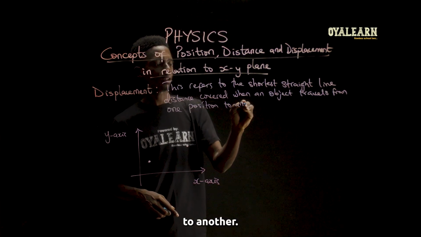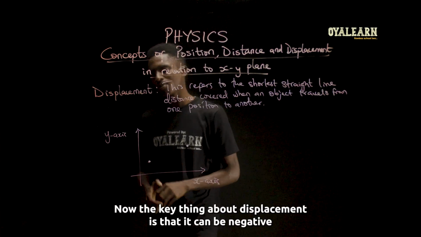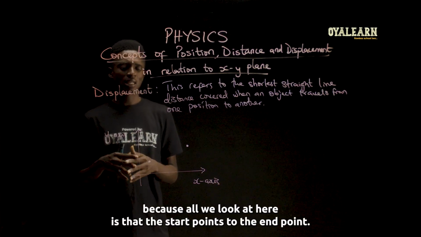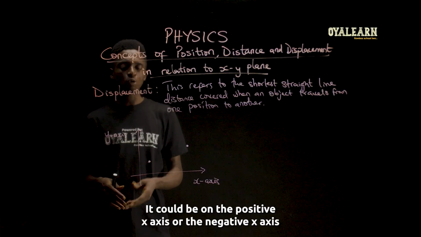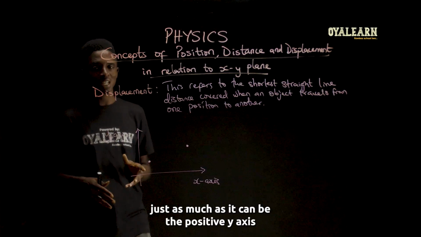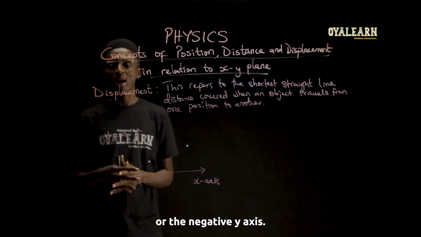to another. Now, the key thing about displacement is that it can be negative, because all we look at here is the start point to the end point. It could be on the positive x-axis or the negative x-axis, just as much as it can be the positive y-axis or the negative y-axis.